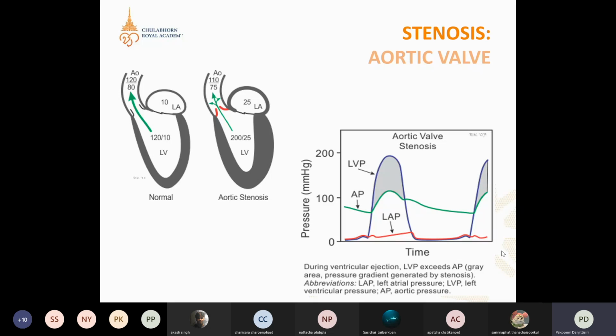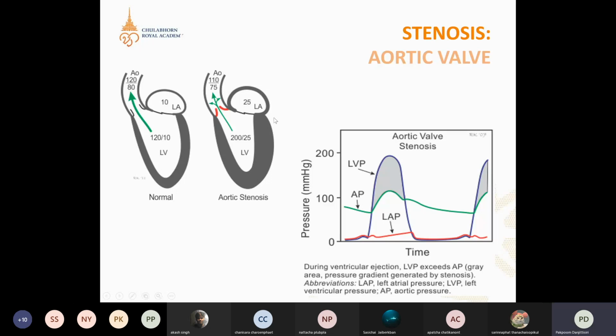So when we look at the stenosis of the aortic valve, let's see how the pressure has changed for each chamber, just like this.